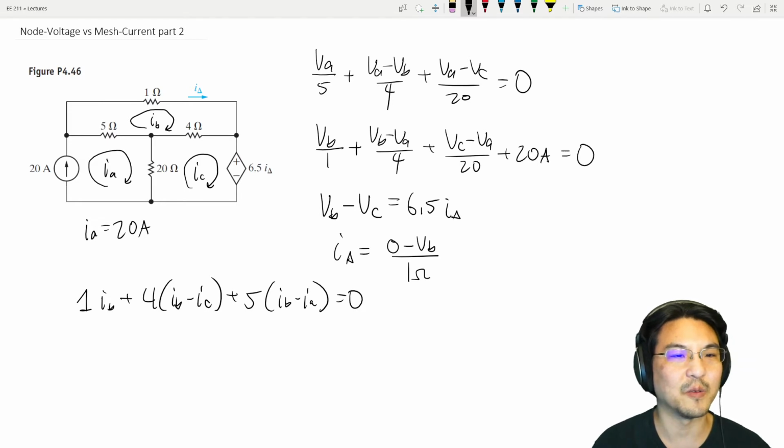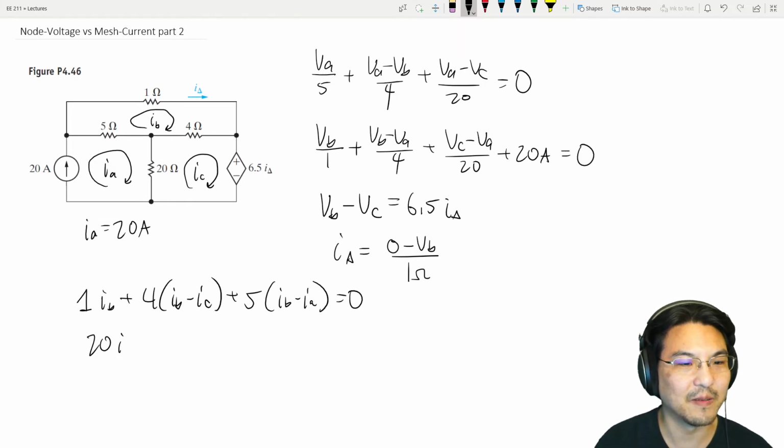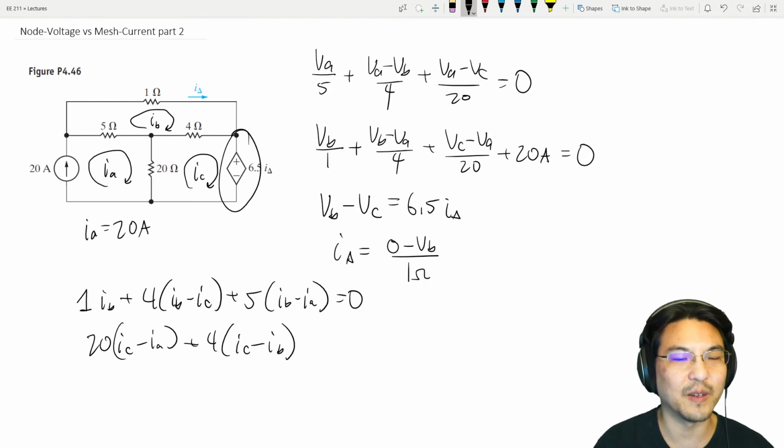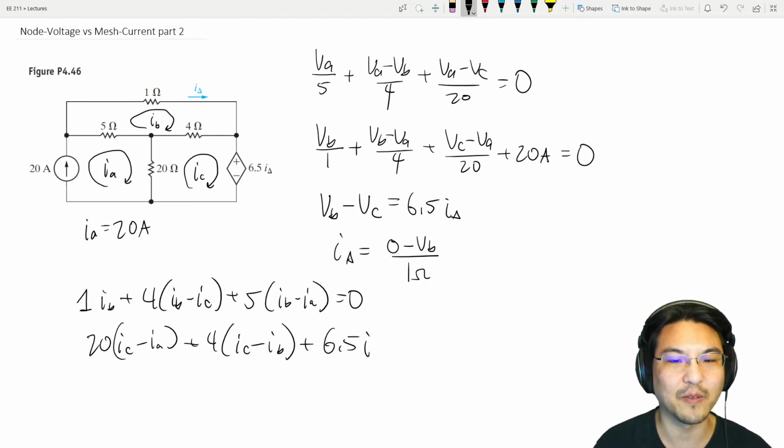All right, now let's go mesh C. Let me start right here and I'll go clockwise. So starting here, 20 IC minus IA. Over here now, 4 IC minus IB. Over here, plus this voltage, 6.5 I delta. And then that's it. Now we just need an expression for this current, which is right there.